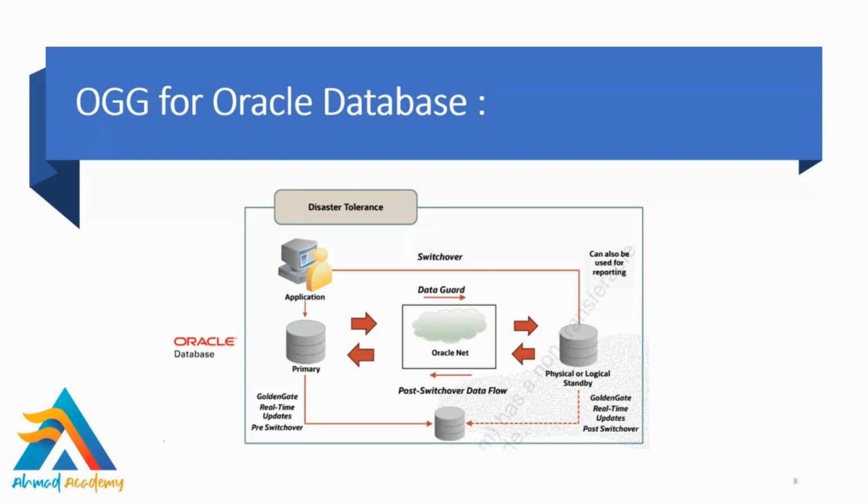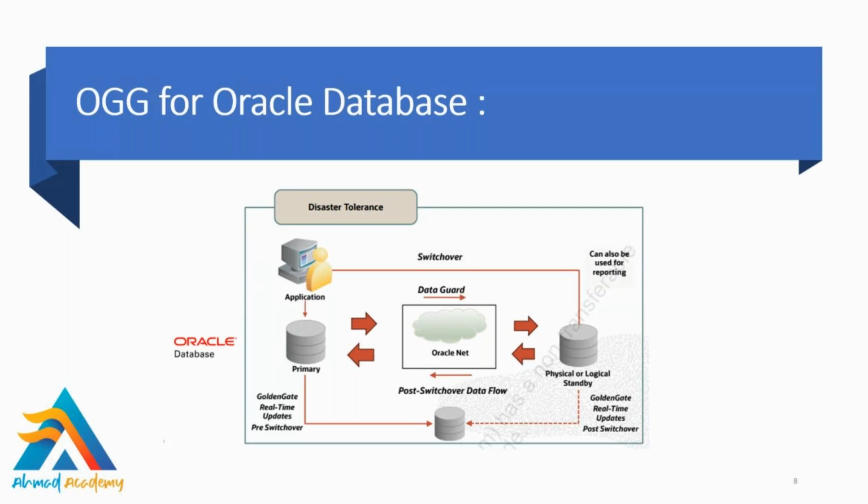So in Active Data Guard, basically it protects a primary database that Oracle GoldenGate is using for source. Active Data Guard can also be used to protect a primary database that Oracle GoldenGate is using for a target.